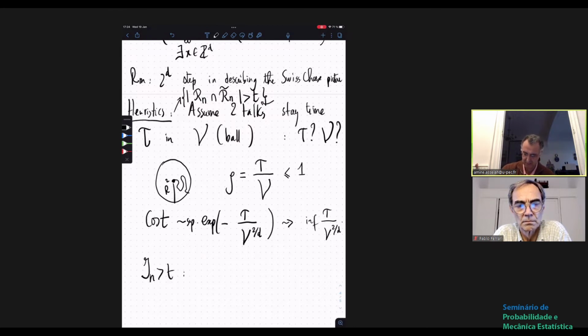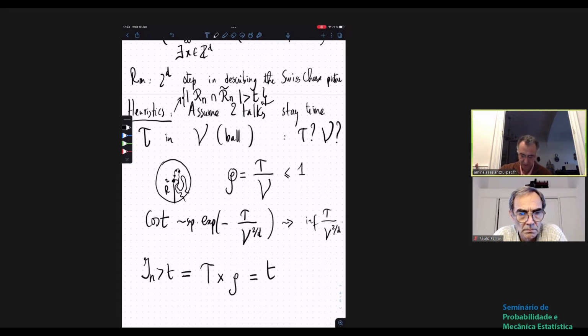just means that the 2 walks: 1 walk spends a time tau, and in each of the sites it visits, there is a chance rho that there is another monomer of the other walk. So this is the intersection that they make, 2 times rho, and this must be of order t.